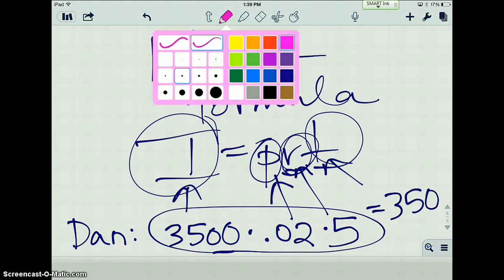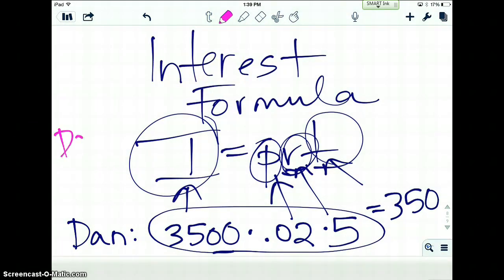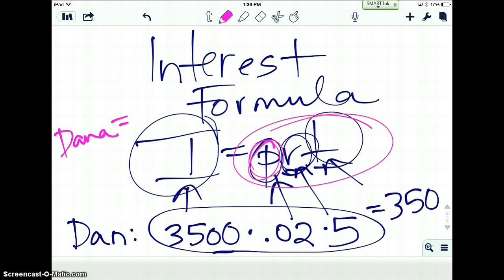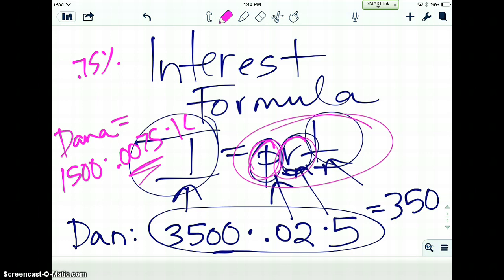Whereas if we write out Dana to end it here, what would I plug into our formula? What was her principal amount? How much did she invest? $1,500. Times the interest rate, which was 0.75%. And as a decimal, that was 0.0075. That's what I'd plug into my calculator. Times for how long? 10 years.